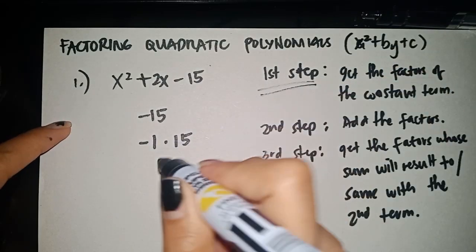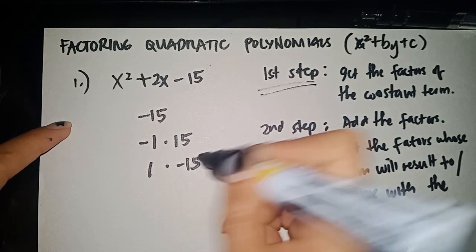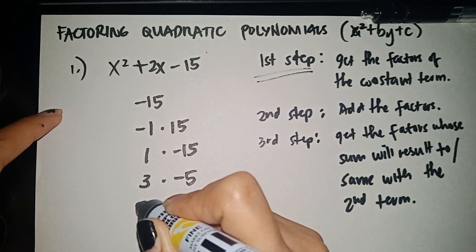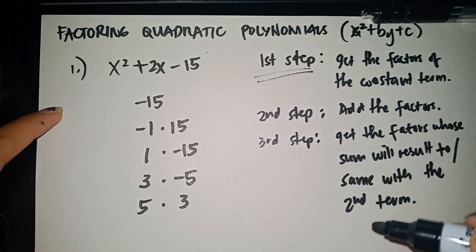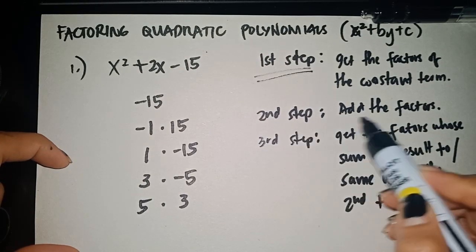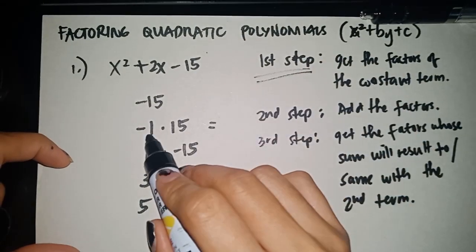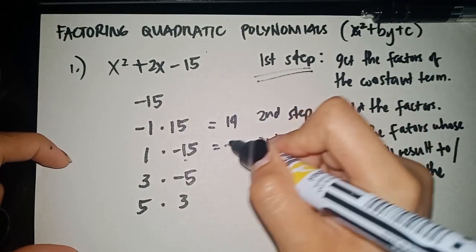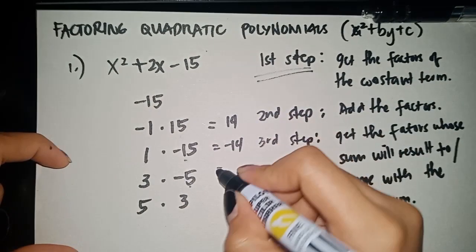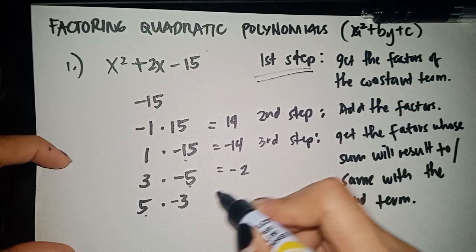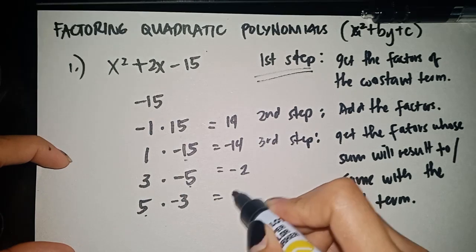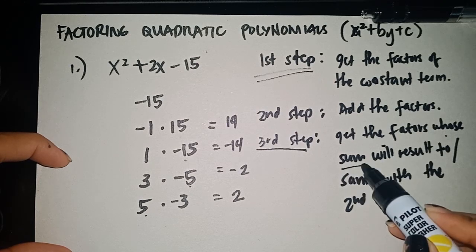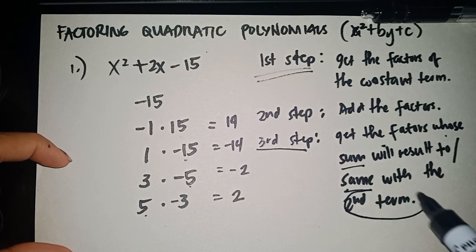So our constant term is negative 15. So get the factors. And we have positive 3 times negative 5, 5 times negative 3. So the second step is to add the factors. So we have positive 14, negative 14, negative 2, and positive 2. Now for the third step, we have to get the sum that is the same as the second term.